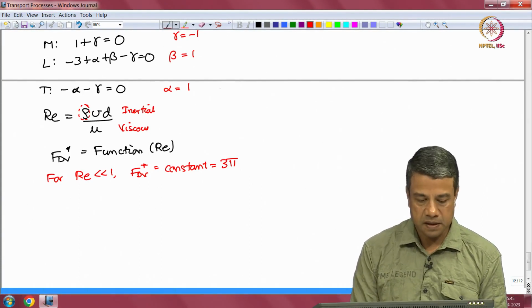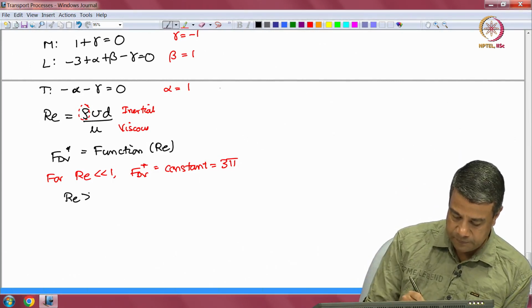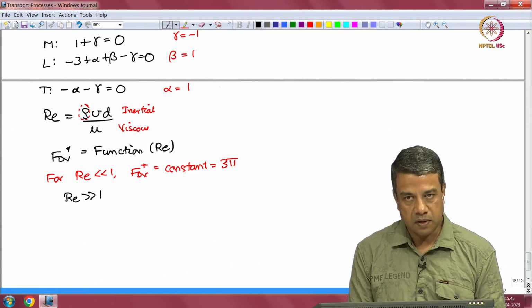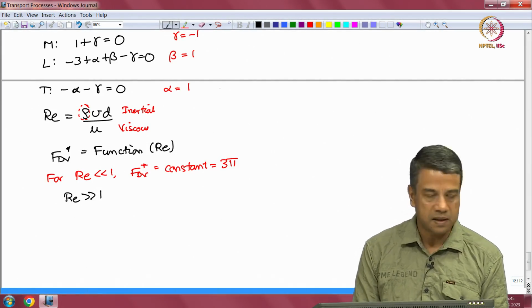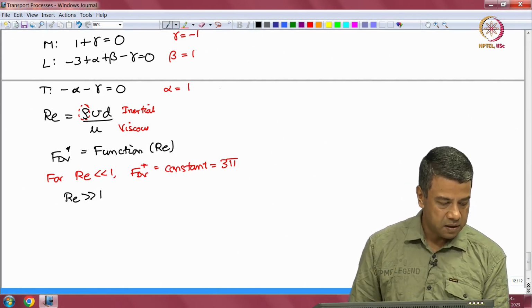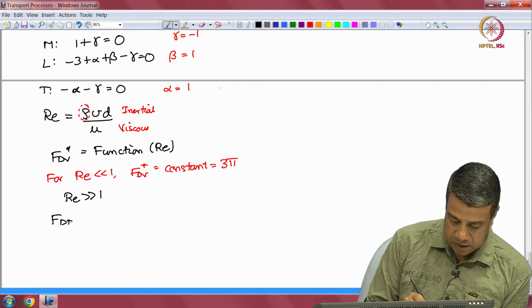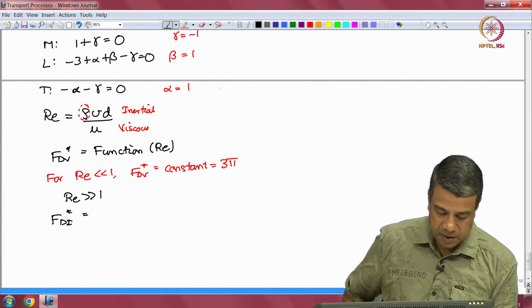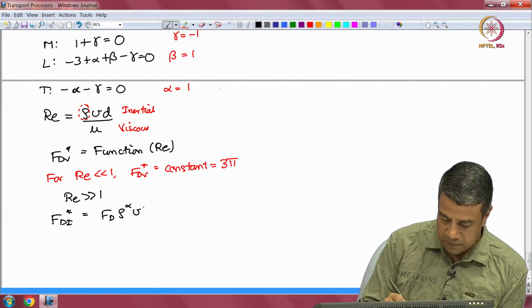In the opposite limit, when the Reynolds number is large, viscosity is not important, and therefore, one has to scale the drag force by the density. And you can do that calculation. It should be drag force F_d equals rho power alpha v power beta d power gamma.